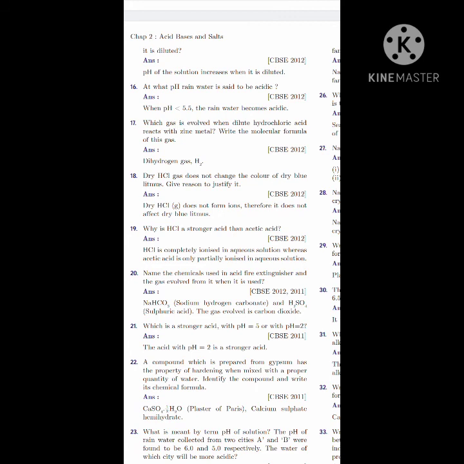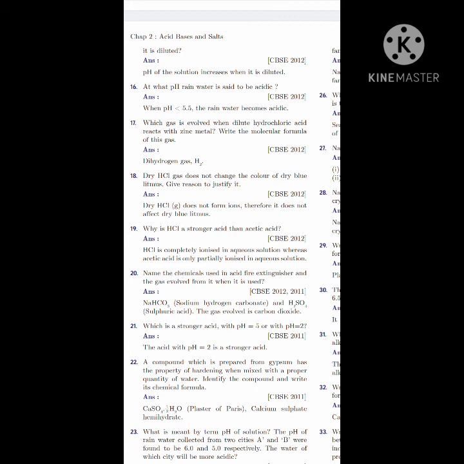Okay, simple. Dry HCl gas doesn't change the color of dry blue litmus. Give a reason to justify it. Dry HCl gas does not form any ions, and the litmus paper changes color only in the presence of ions. So therefore it does not affect dry blue litmus.